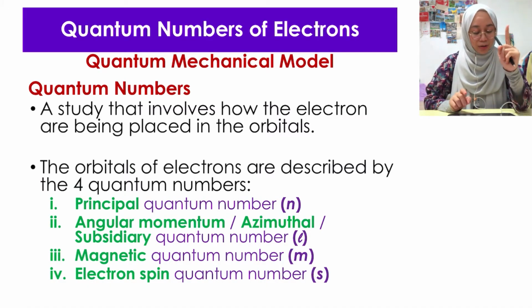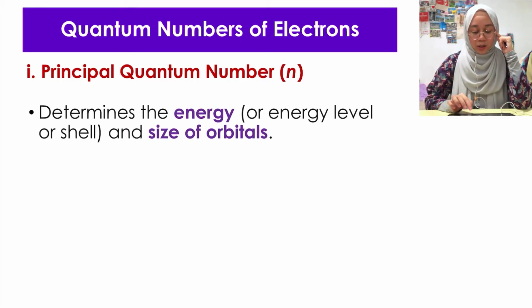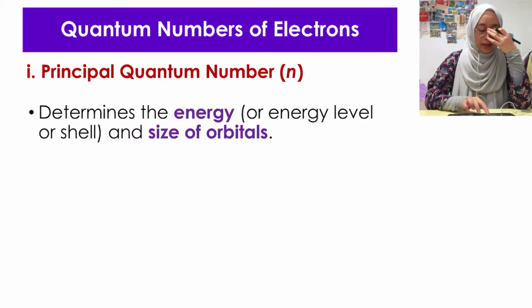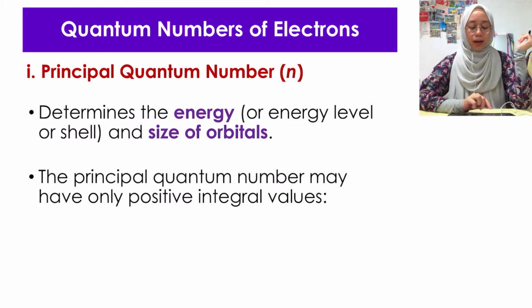Okay, so kita tengok dahulu the first one, which is the principal quantum number. It determines the energy ataupun energy level or shell, and also the size of the orbitals. So the principal quantum number may have only positive integral values.